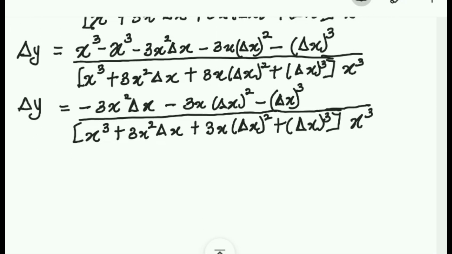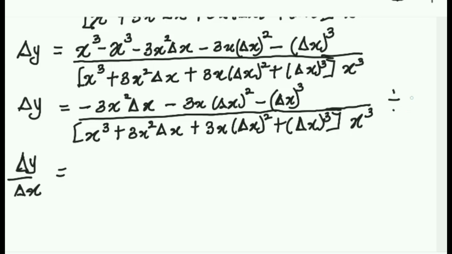And so now that we've subtracted, what we need to do now is to divide by change in x, because we need an expression for change in y over change in x. Remember, we are differentiating this with respect to x. And so to do that, we're going to have this as change in y over change in x equal to all that we have here, all of that divided by change in x.